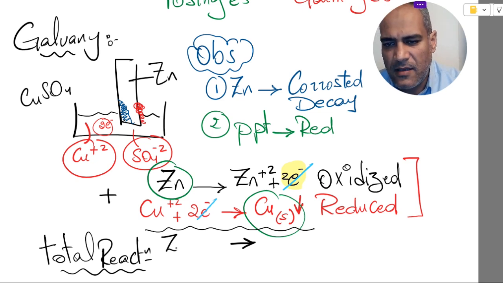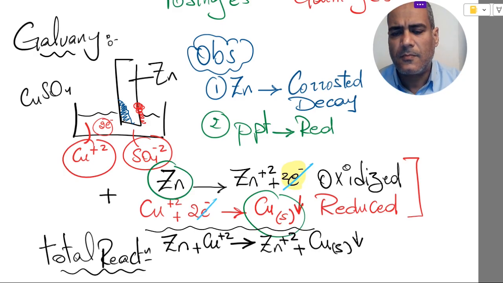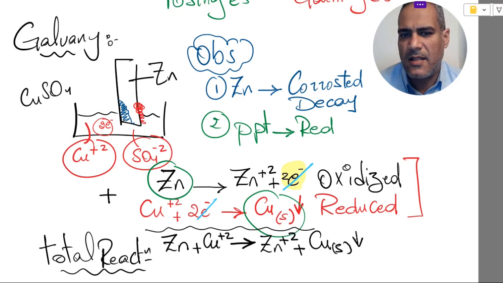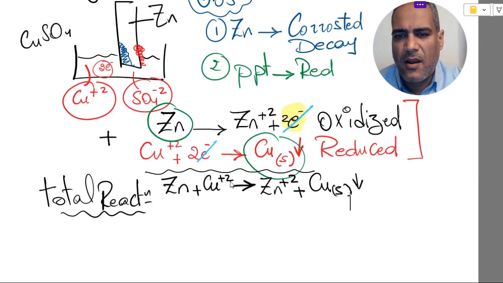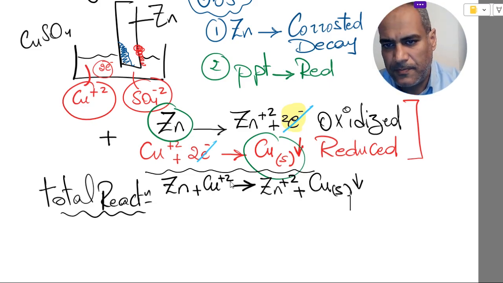Then we have zinc and copper positive 2 ions, and the products will be zinc positive 2 ions and copper as a solid precipitate. In other words, the zinc is oxidized and loses 2 electrons, the copper is reduced and gains 2 electrons, or we can say that the zinc is donating its 2 electrons to the copper.